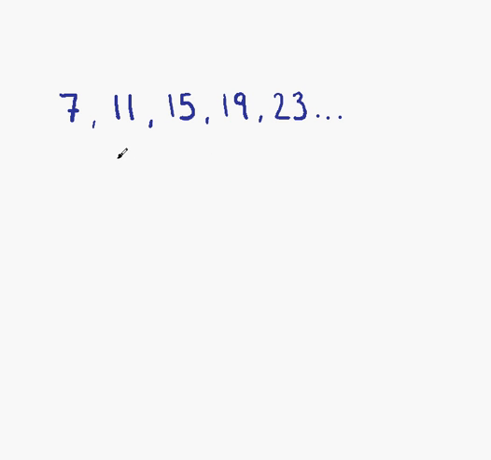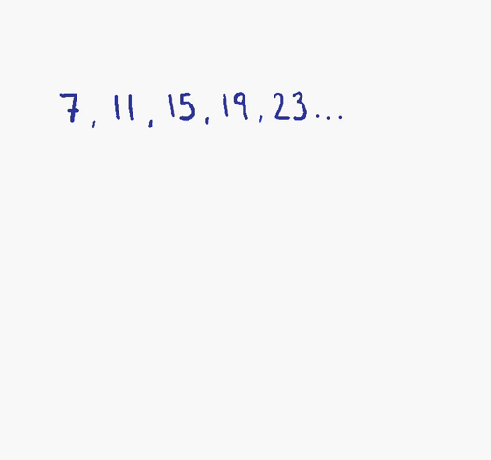What we want to know is, is there a simple way of figuring out what, for example, the 47th term would be in this list, or the 80th term in the list, or the 256th term in this list? Is there a simple way of finding this out without having to list all the numbers?